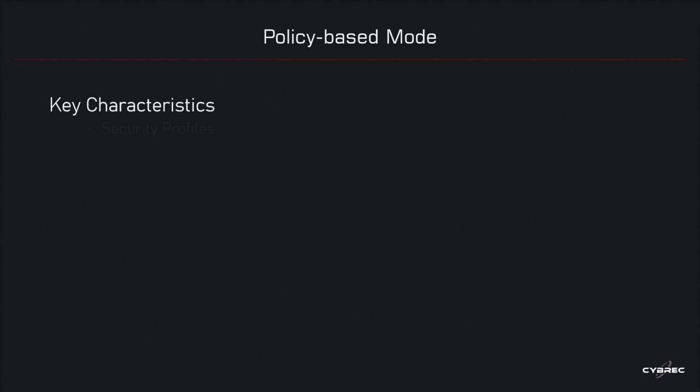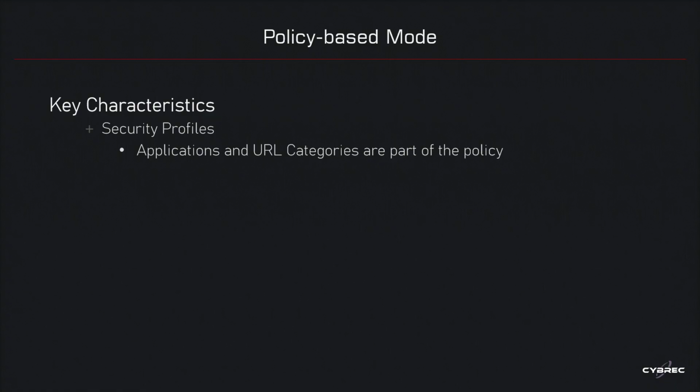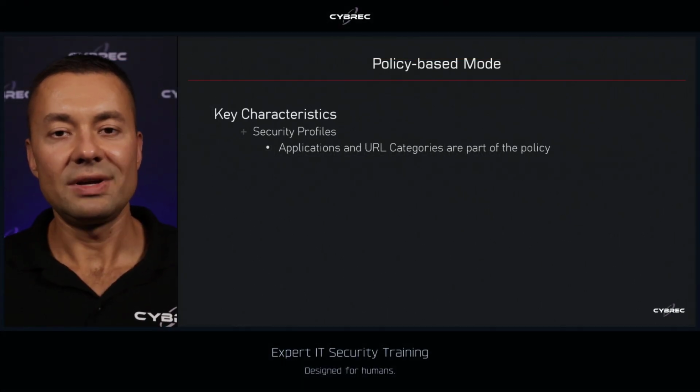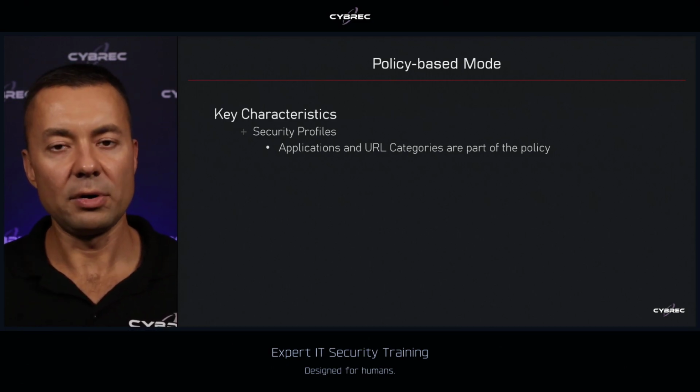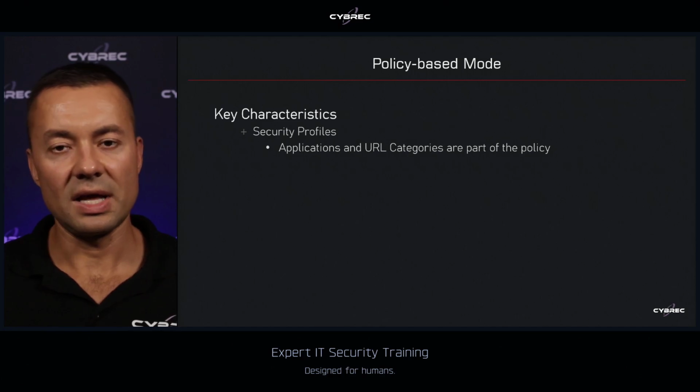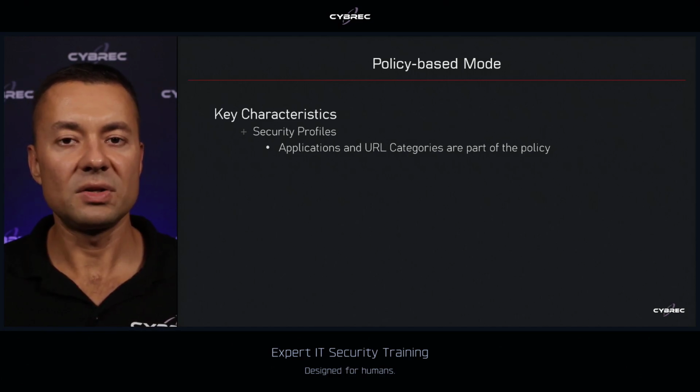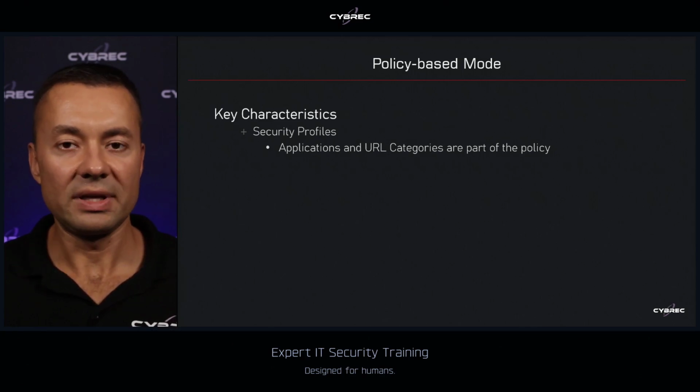Okay, now in terms of other characteristics, if we take a look at security profiles, there are two main profiles that most people use: applications and URL categories, and they are now part of the policy. It means that you can easily build application-based rules with that approach, because in addition to selecting services like you do in the profile-based mode, you can configure applications directly within the rule.